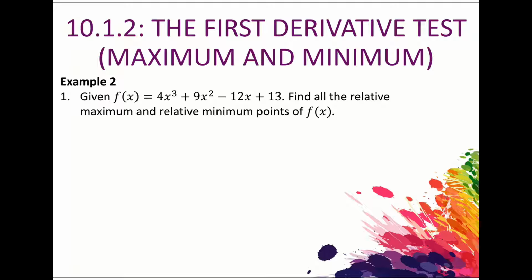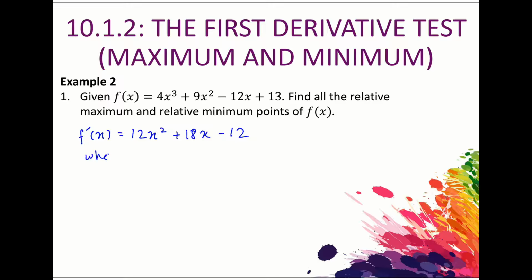Okay, so first we start with finding the first derivative of f(x), because we know that at the relative maximum or the relative minimum, the value of f'(x), or the first derivative, is equal to 0. So f'(x) is equal to 12x squared plus 18x minus 12.